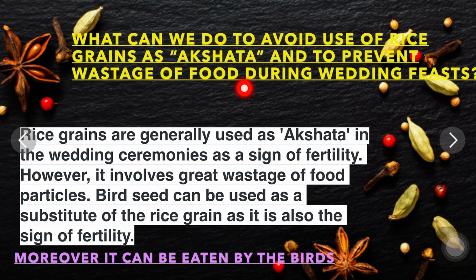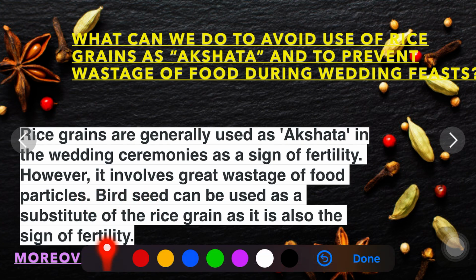So student, the best option is this. Rice grains are generally used as akshata in the wedding ceremony as a sign of fertility. However, it involves great wastage of food. Bird seed can be used as a substitute of the rice grain, as it is also a sign of fertility.